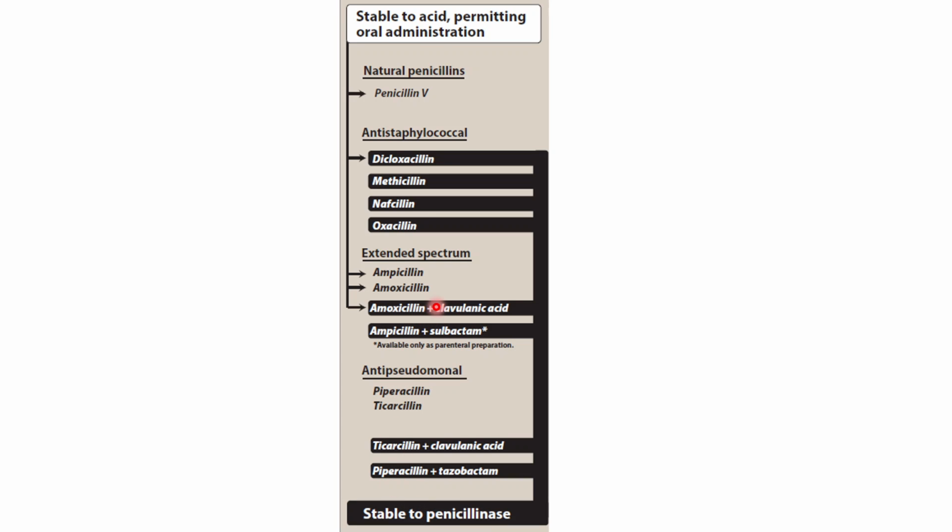And because of this, resistance is common now. So sometimes patients will require the dispensing of piperacillin, amoxicillin, ampicillin that are protected with the beta-lactamase inhibitors. So they are more expensive and they have a broader spectrum of antibiotic activity than those without these acids.